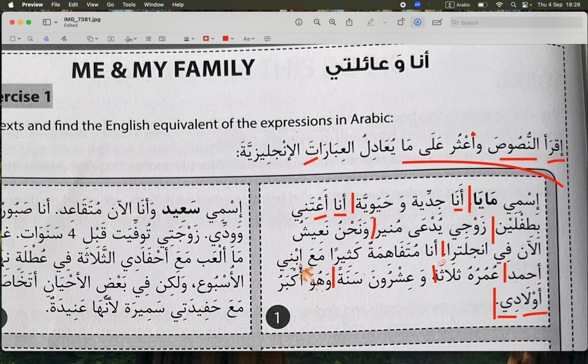Ibn means son. So Maya ladayha has an Ibn, a son. Ismuhu. Ism, do you remember what ism means? Name. Ismuhu, his name. So Maya has a son and his name is Ahmad. Very good.